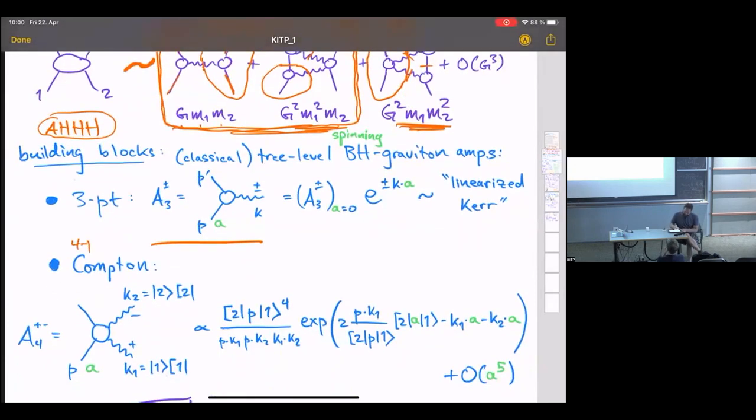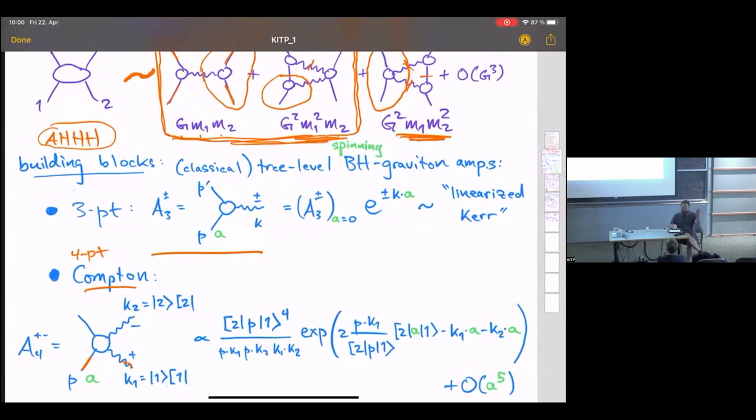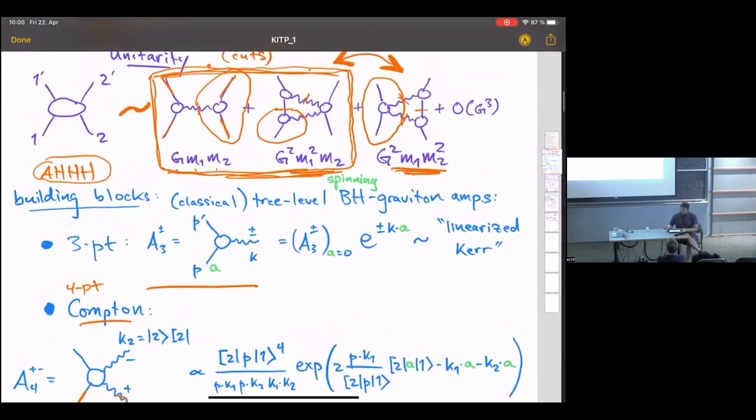It's called 4-point because if these were electrons and photons, that would be Compton scattering. That's why we call it the Compton amplitude, but here instead of electrons and photons, it's spinning black holes and gravitons.